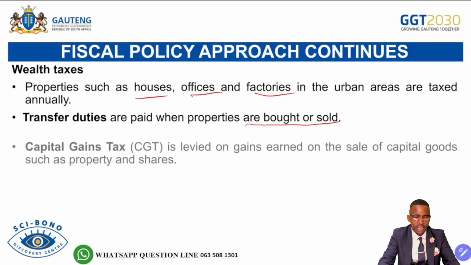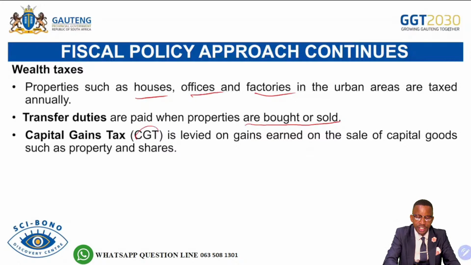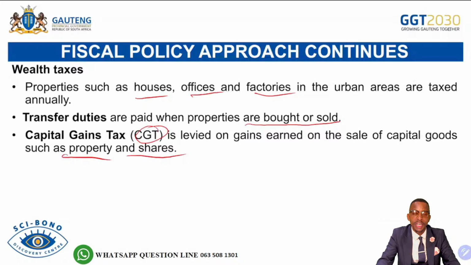And then also we have capital gains tax, known as CGT. This is the taxation that is levied on the sale of capital goods such as property and shares. If offices are being sold, capital gains tax will be imposed. If shares are being sold, capital gains tax will also be imposed.